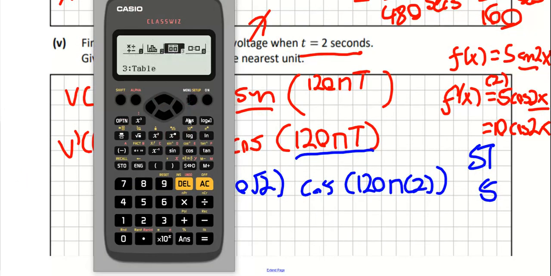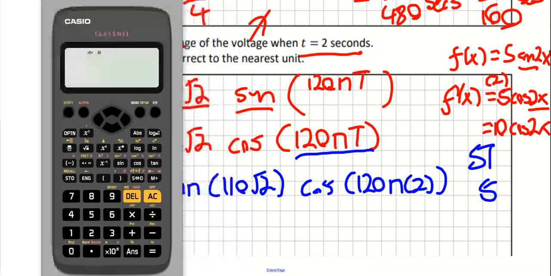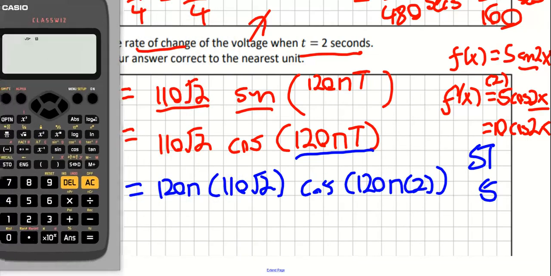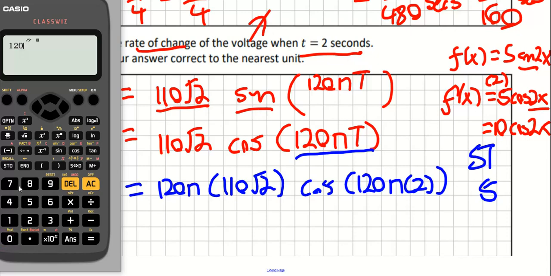My poor calculator is getting an absolute work done on it today. So it's 120 pi times 110 root 2, times cos of 120 pi times 2. Close all your brackets off.